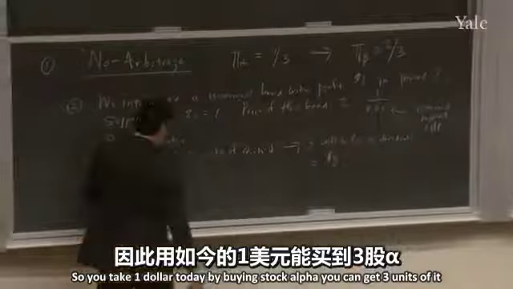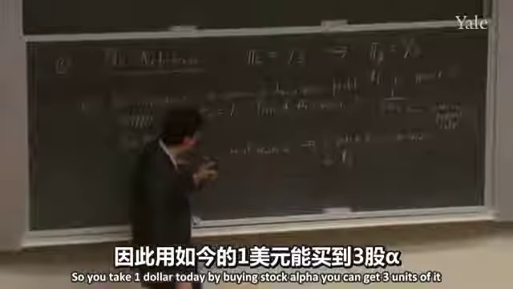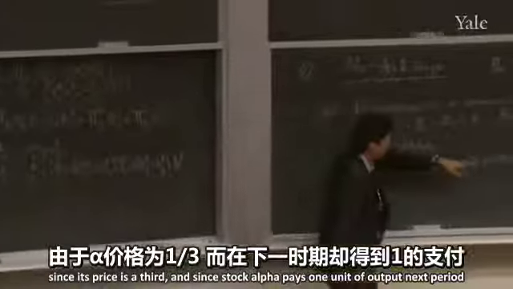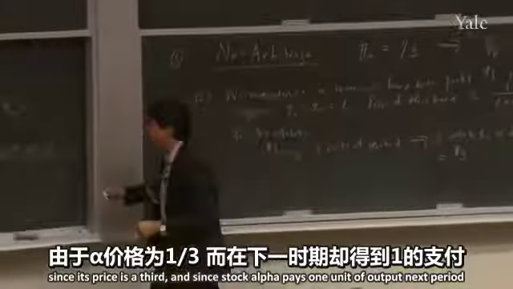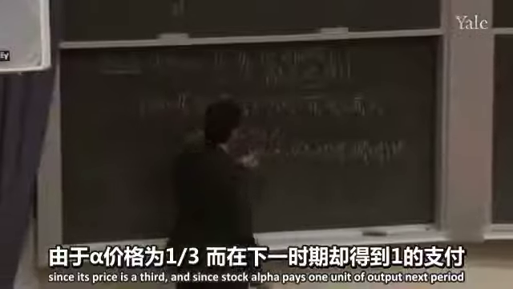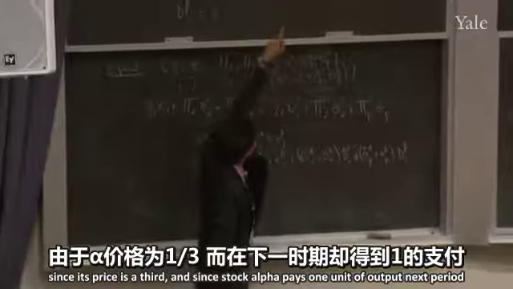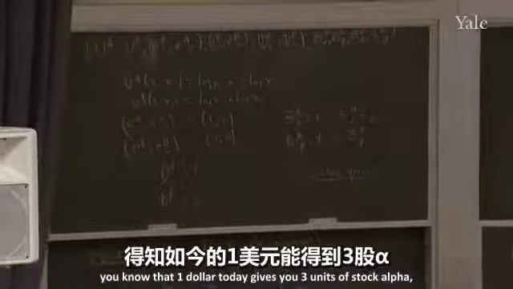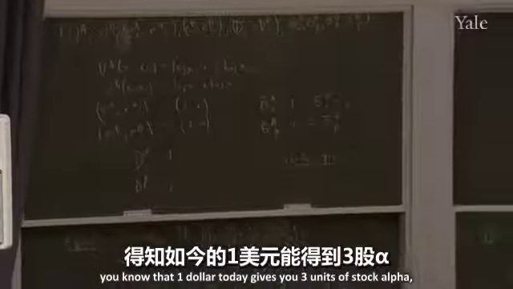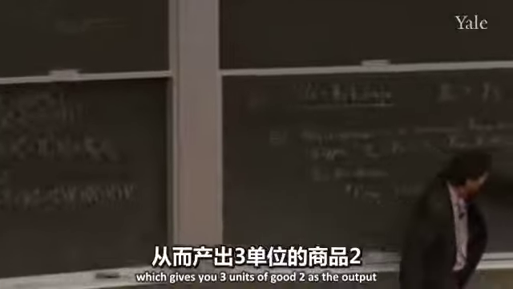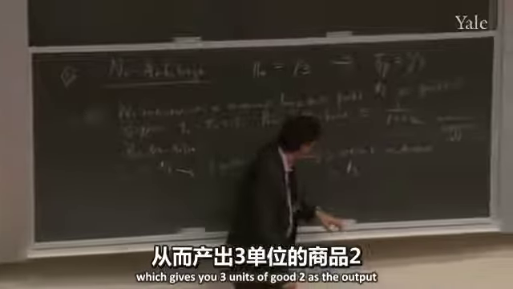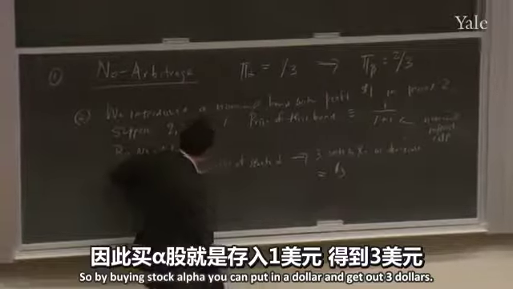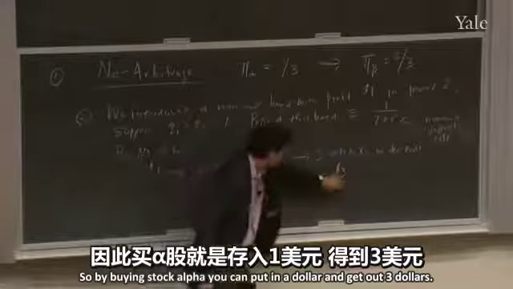By buying stock alpha, you can get 3 units of it since its price is 1/3. And since stock alpha pays 1 unit of output next period, $1 today gives you 3 units of stock alpha, which gives you 3 units of good 2. At price $1 tomorrow, that's $3. So by buying stock alpha, you can put in $1 and get out $3.